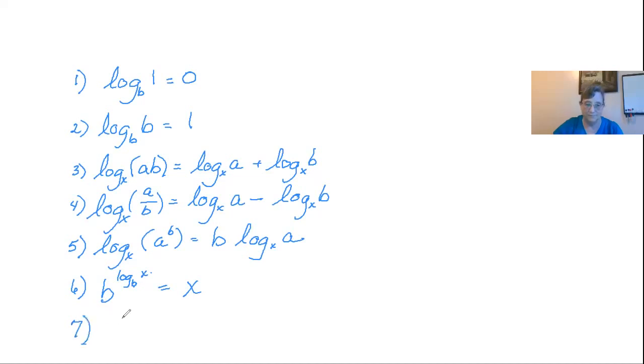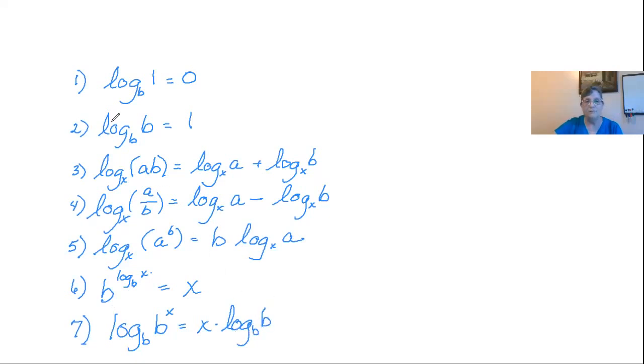Furthermore, the log base b of b raised to the x. This is going to equal, if I bring the exponent down in front, x times the log base b of b.